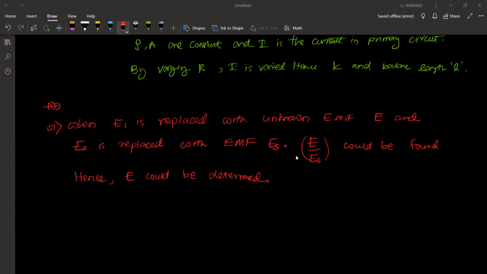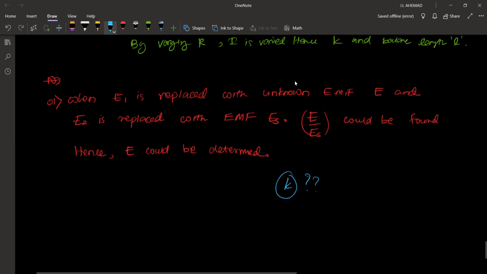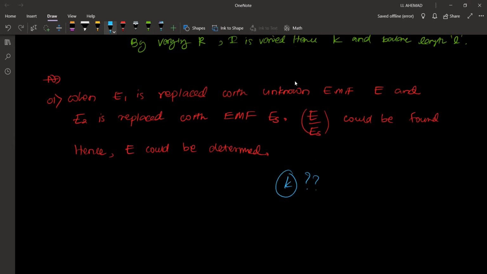And now you might have a doubt. Then why did we find K? What is the purpose of finding K, right? When we can do this experiment this way, why do we really need to find K? You will get that doubt. So the potentiometer, we can use this to find EMF as well as potential difference.